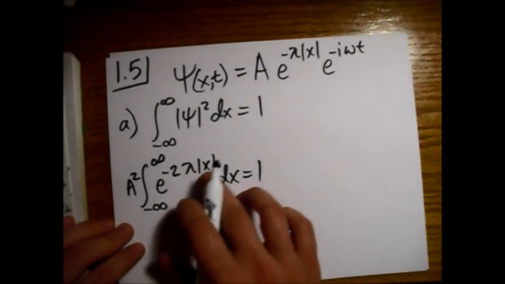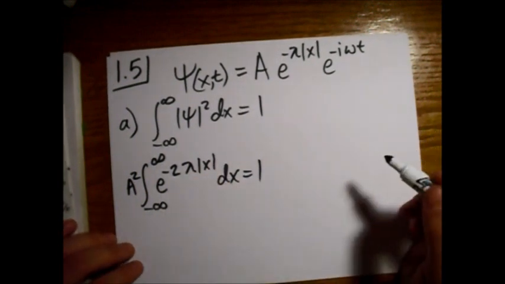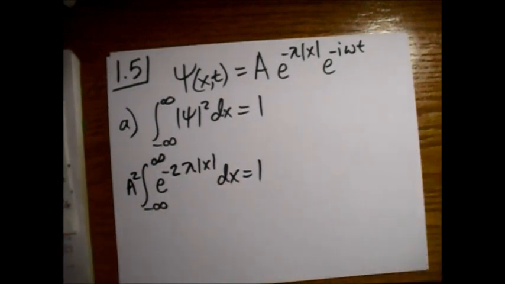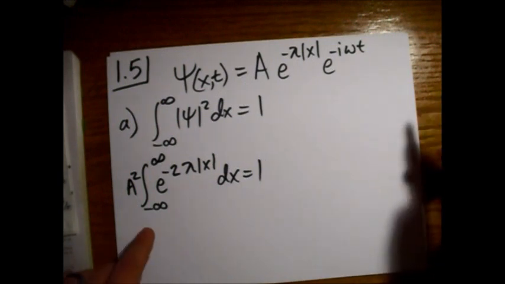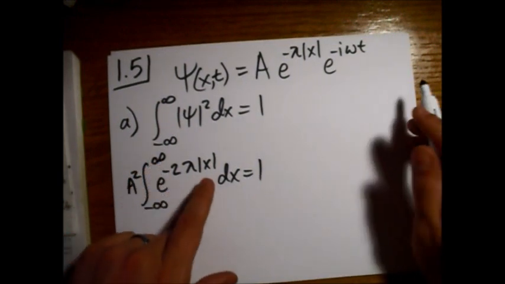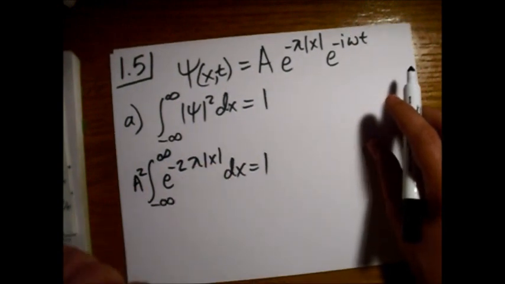The way I'll handle this absolute value is I'm just going to reflect the whole problem across the y-axis and only go from 0 to positive infinity and multiply it by 2.